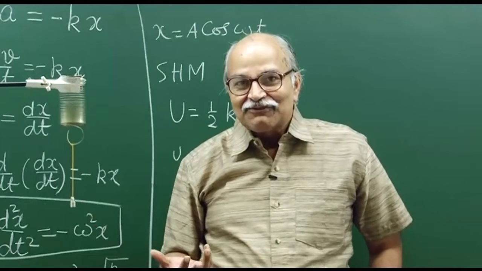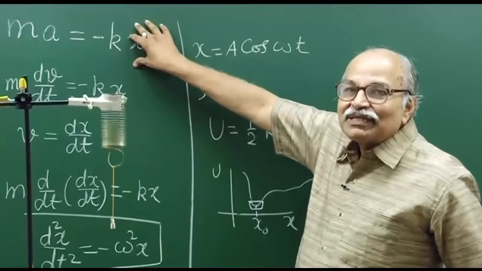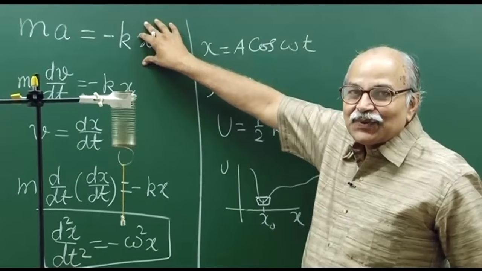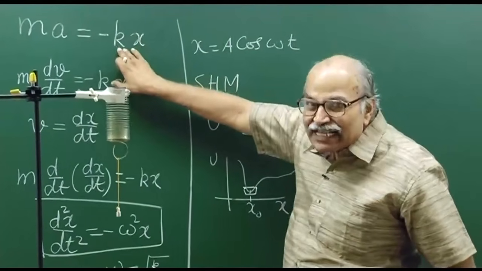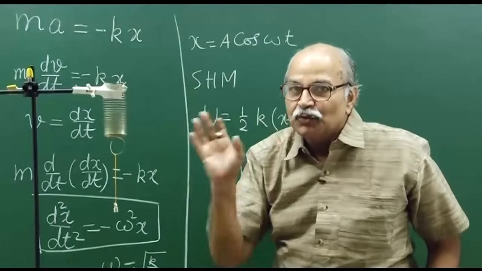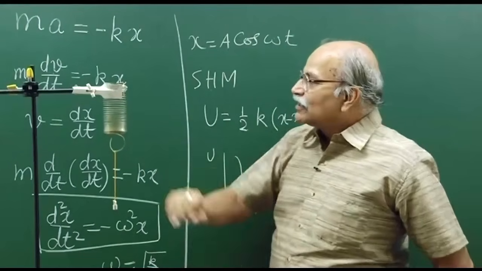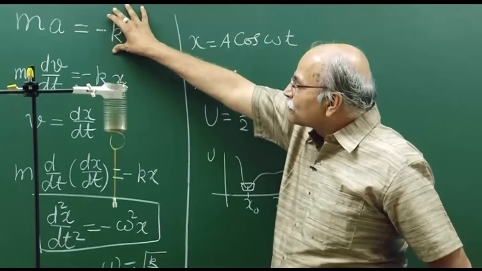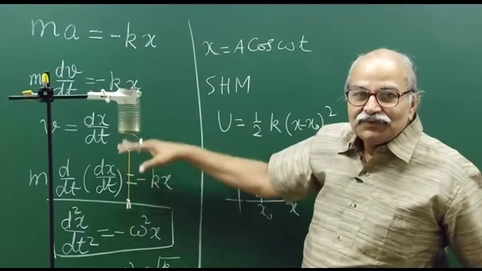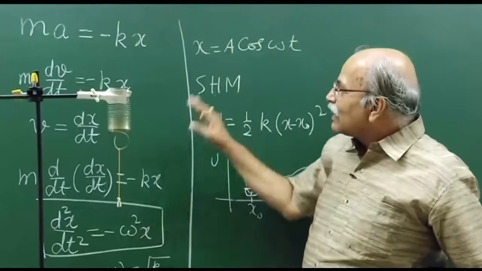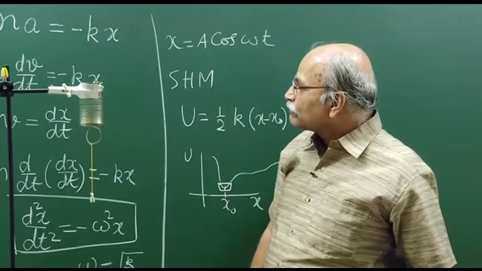The only thing we have to do is add these dissipative forces in the equation. So mass times acceleration is this force which we call the restoring force, because it tries to bring the system to that stable equilibrium position. Together with this, we should write those dissipative forces, and then if I do the mathematics, I get a certain equation.